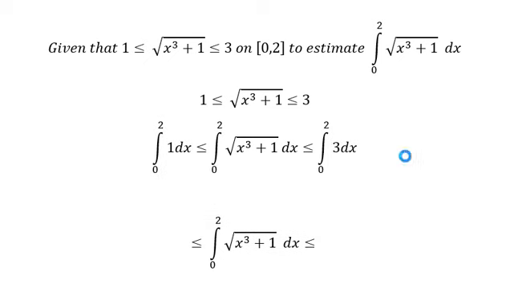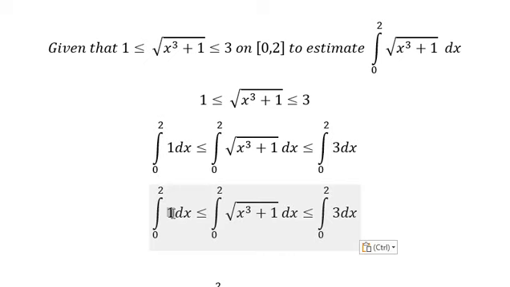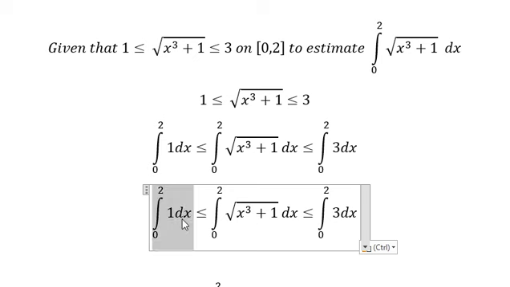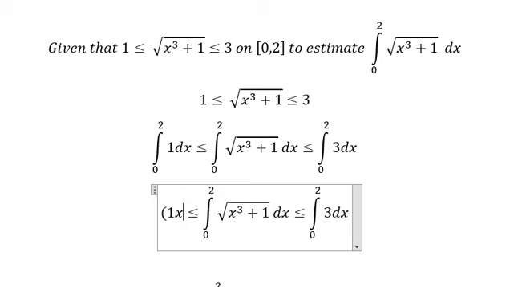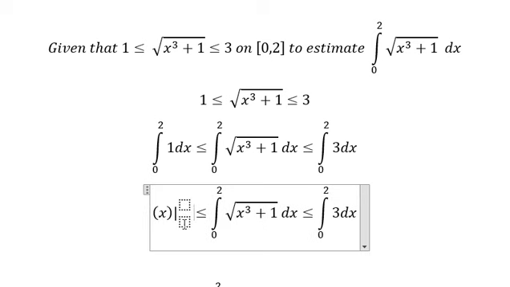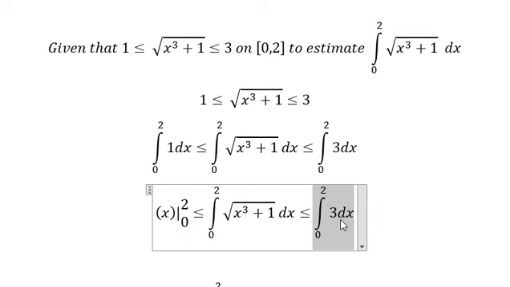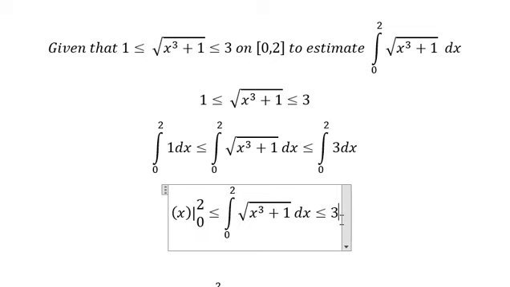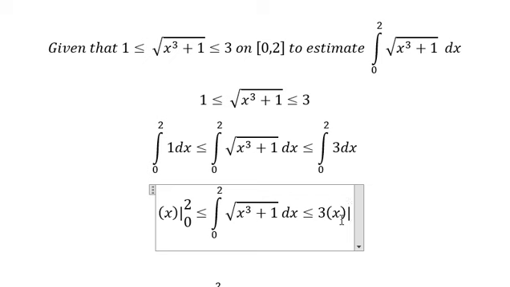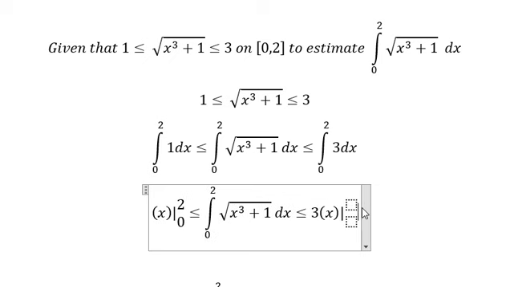Next, the integration of 1 is 1x, or we can just write x, and now we put the bounds from 0 to 2. This one we have 3x, and we put the bounds from 0 to 2.